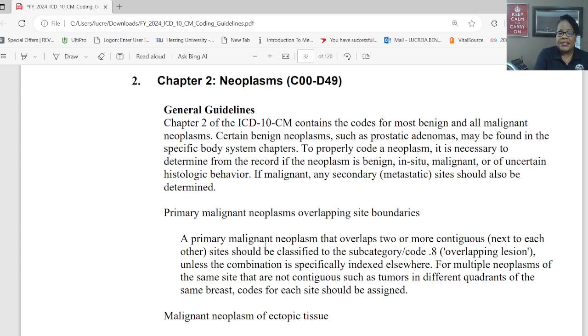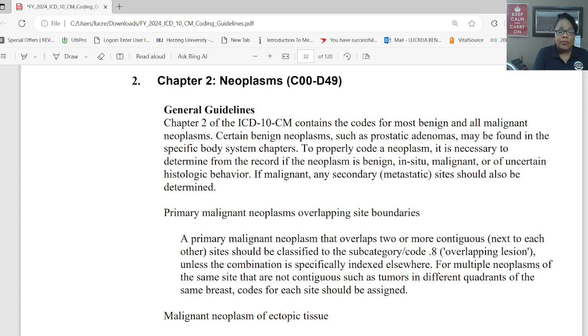And it just says a primary malignant neoplasm that overlaps two or more contiguous, next to each other, sites should be classified to the subcategory, which is a code .8, which means overlapping. So when you see this neoplasm coding, when you see that .8, you know that those sites were so close that the cancer just kind of spread, unless the combination is specifically indexed elsewhere.